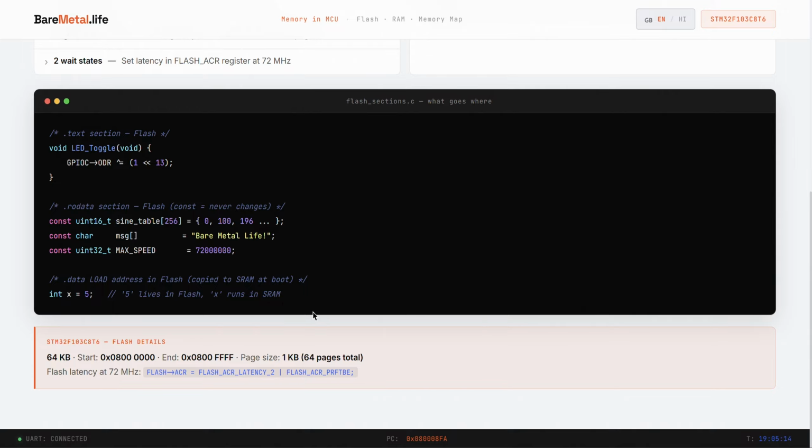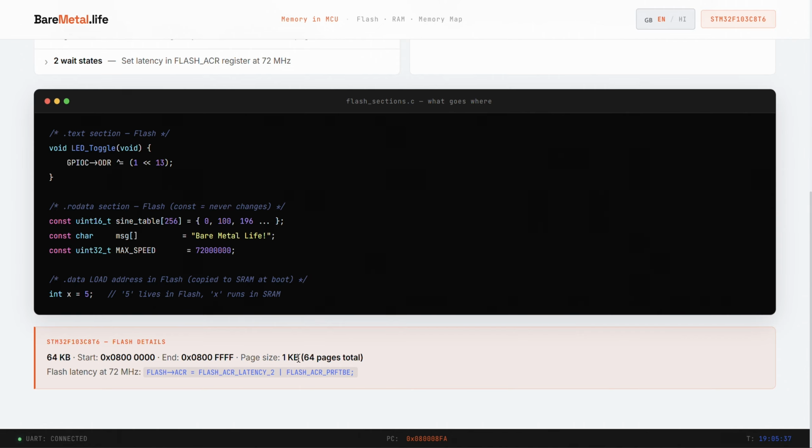Now, let's talk about flash memory in the STM32F103C8T6. The flash memory on this chip starts at address 0x08000000 and ends at 0x0800FFFF.